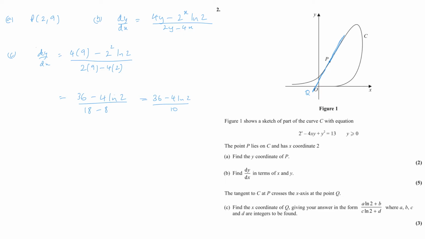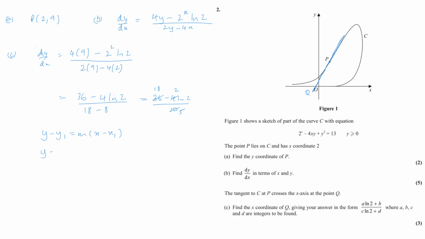And I could divide through by 2. Well, I couldn't really simplify any further. Okay, then I need to put it into y minus y1 equals m(x minus x1) to find the equation.